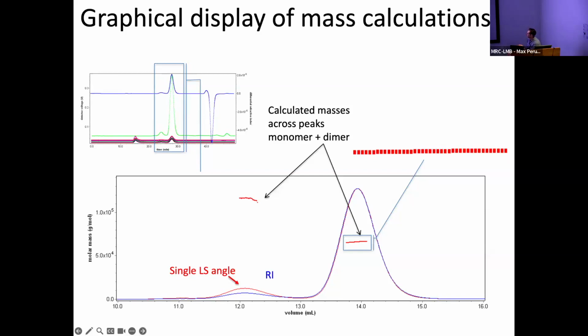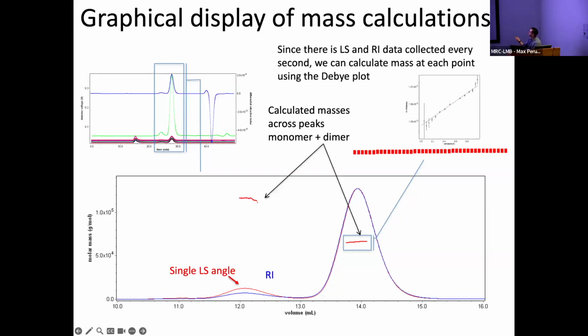At each of these points we collect every second. We collect a point, so every second we get 18 light scattering measurements. From each one of these you can do your Debye plot, and then you represent it by plotting it across the peak.